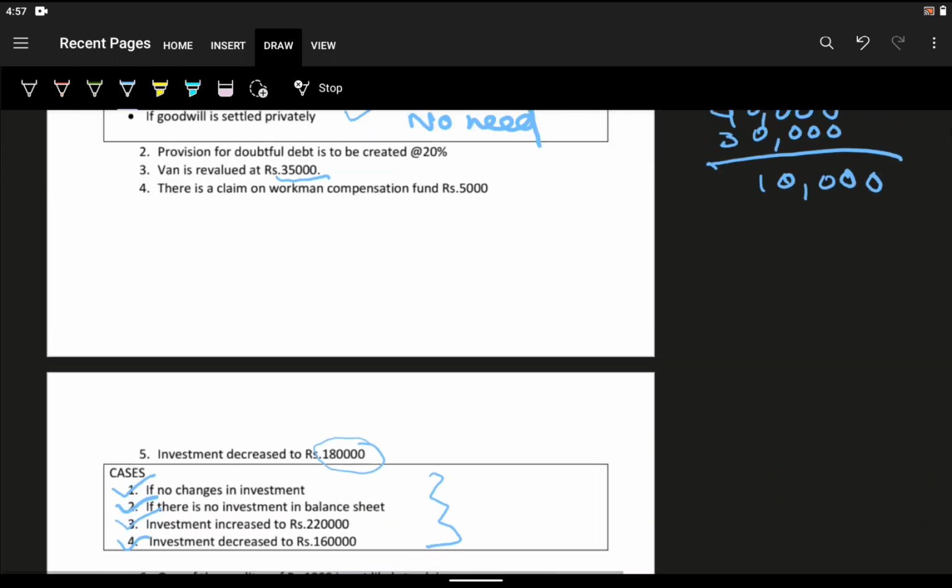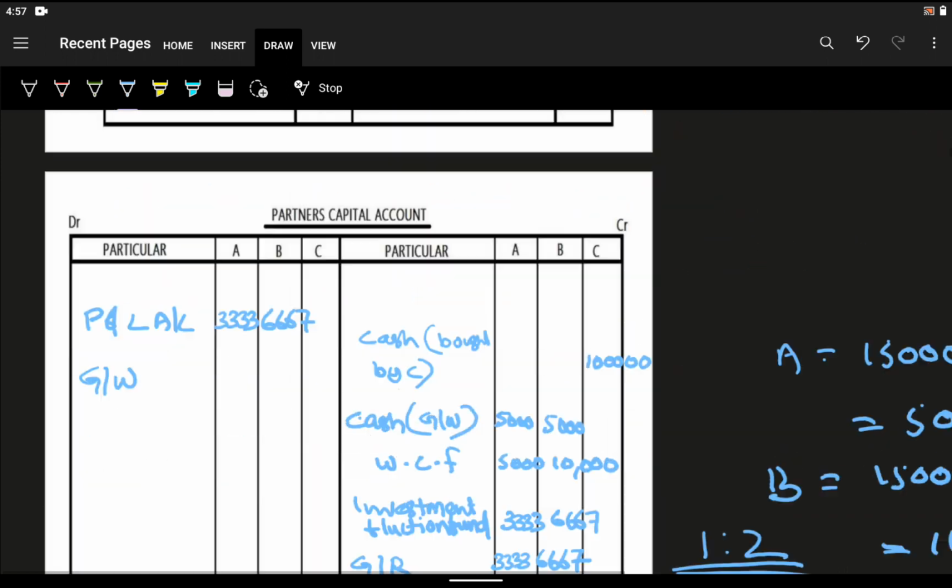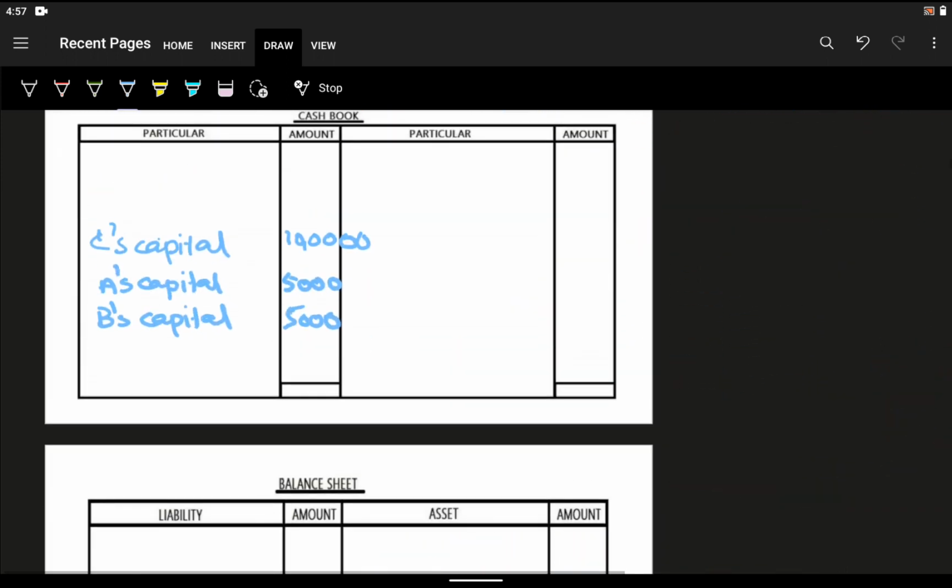Goodwill account. What is the amount of goodwill? I think it is 20,000. So how much will it be in 1:2 ratio?